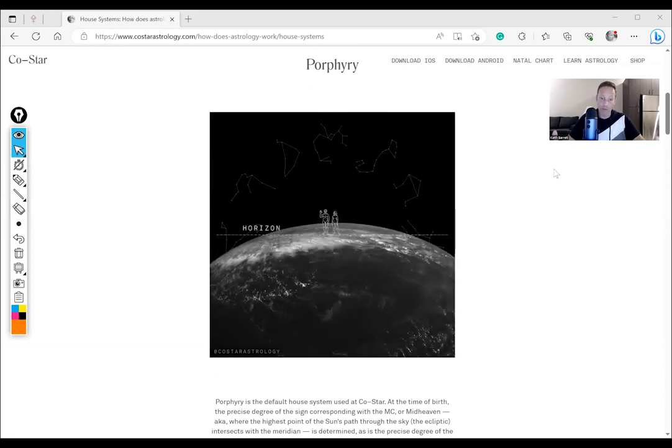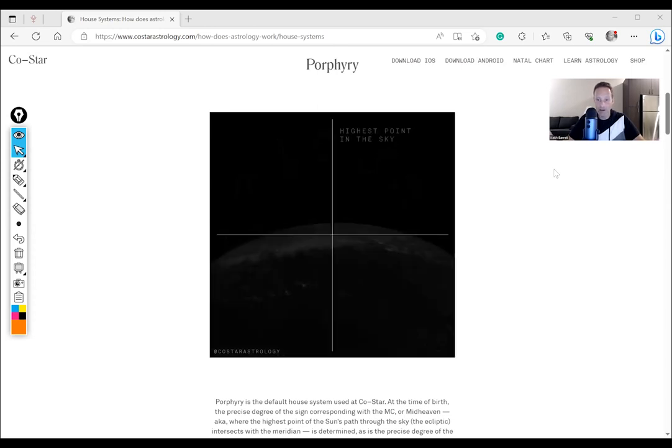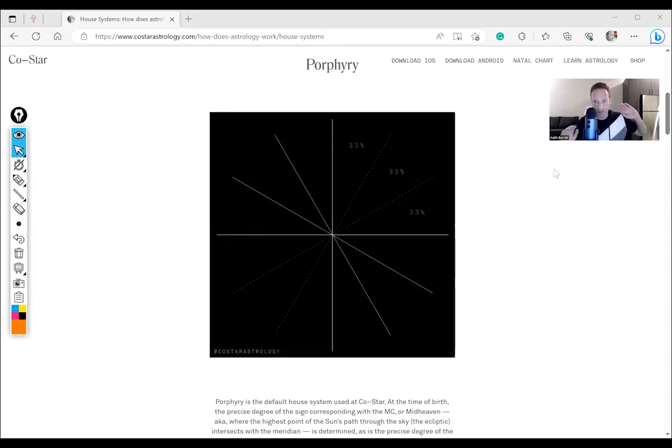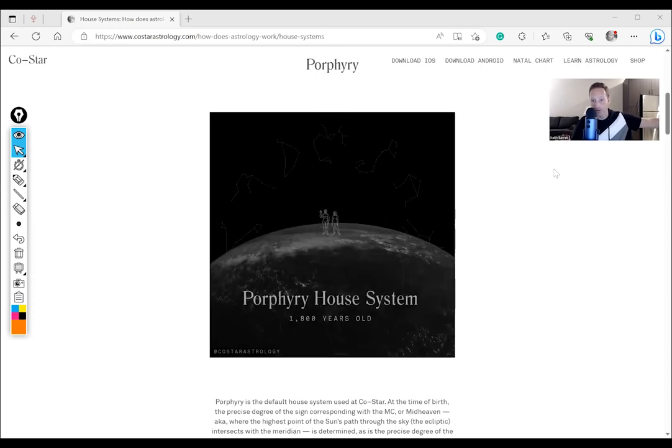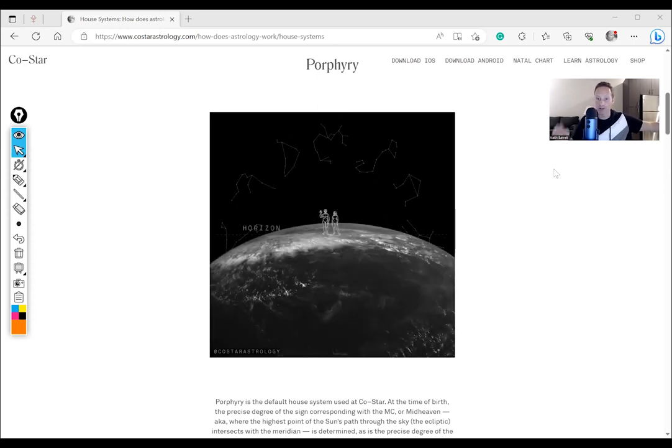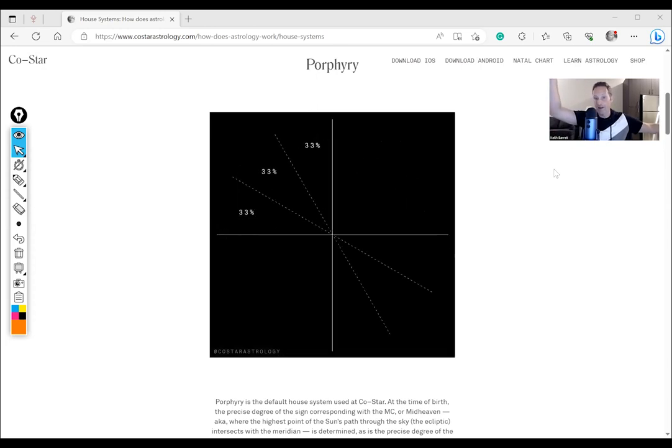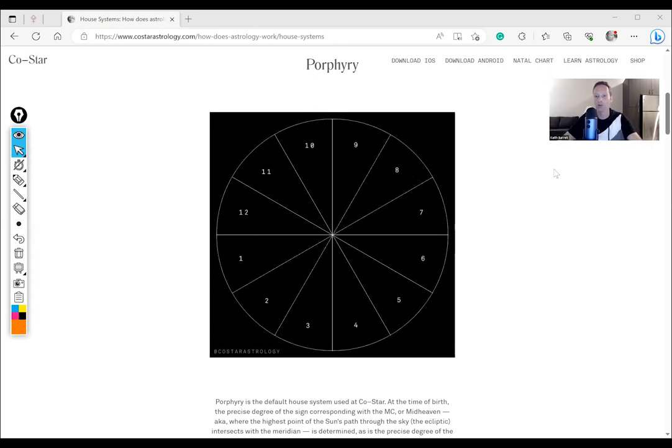The way the Porphyry house system is calculated is it takes the ascendant at the place where you were born, takes the zodiac sign and the degree on the ascendant, and it takes the highest point in the sky, and it divides by 3 the space between the two of them.